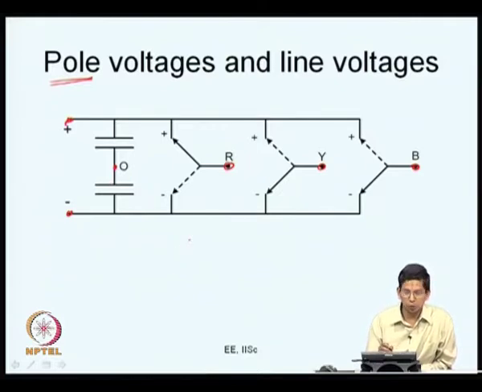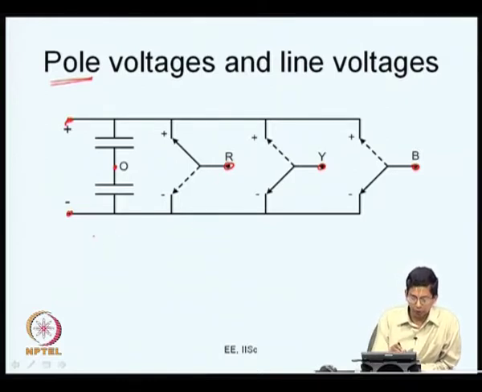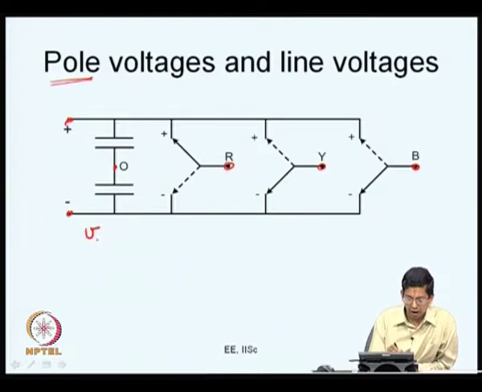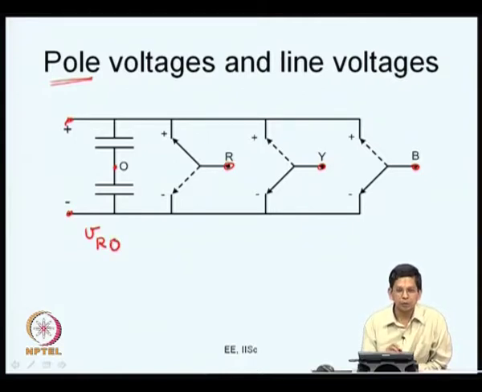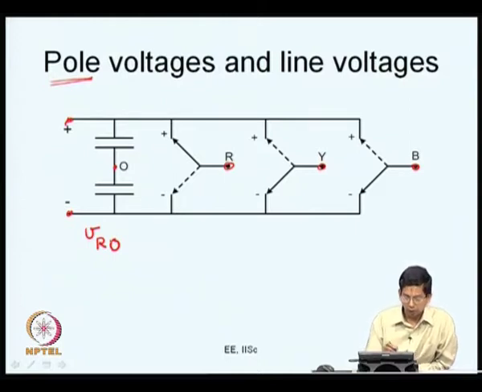Now, let us say we want to know the voltage at this terminal, R phase terminal or this pole R. We call that the pole voltage, the voltage at pole R measured with respect to the DC bus neutral O. This is what we would call the pole voltage VRO. Now, if the pole is connected to the top throw as indicated by the solid line here, then the potential will be plus VDC by 2.